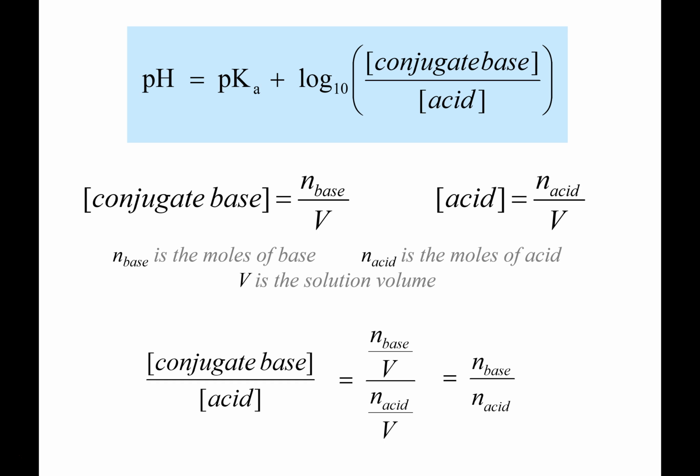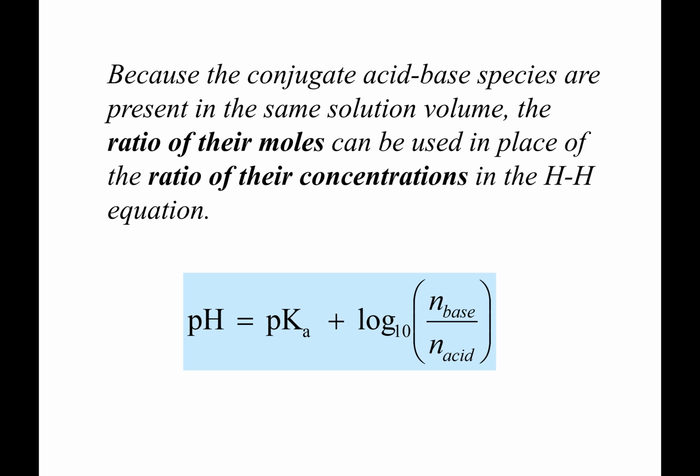It just depends on what's easier for you to work with. So the other form of the Henderson-Hasselbalch equation looks like this, where instead of the molar ratio of the base to the acid, it's the moles of base to acid. Either one works for Henderson-Hasselbalch.